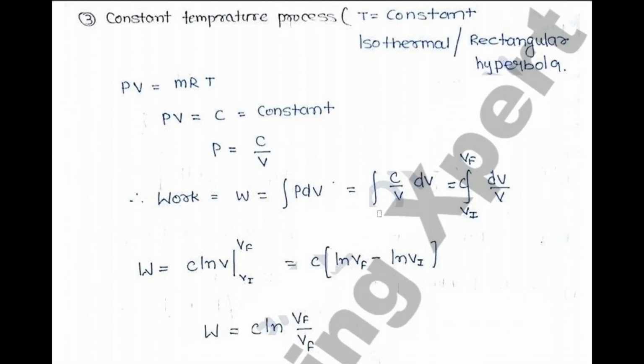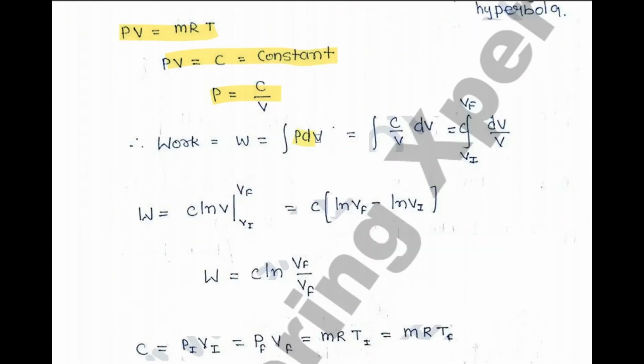For constant temperature, we need to do some derivation. As we know from the ideal gas equation, P equals mRT over V, and PV equals a constant for isothermal conditions. So P equals C by V. When we apply the formula for closed system work, integral of P dV, taking P as a function of C and V, we get this equation, and on resolving this we get work as this.